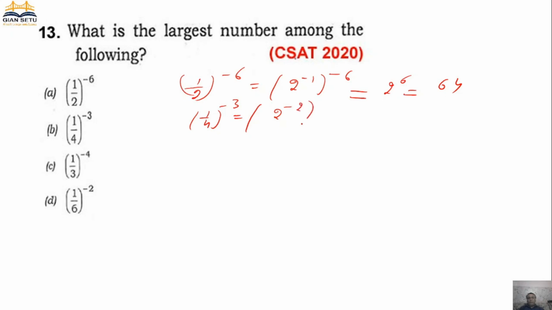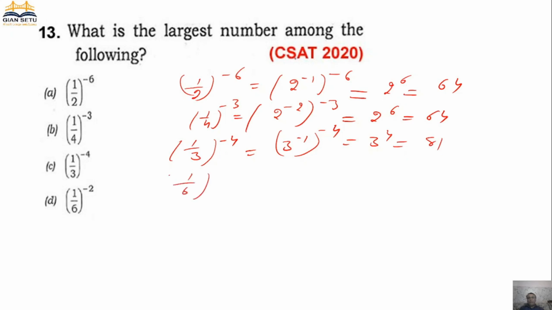Similarly, 1 by 4 raised to power minus 3 can be written as 2 raised to power minus 2, minus 3, and it can be written as 2 raised to power 6 again, 64, right? Now 1 upon 3 raised to power minus 4, we can write it as 3 raised to power minus 1, raised to power minus 4. It will be 3 raised to power 4 and it will be 81.